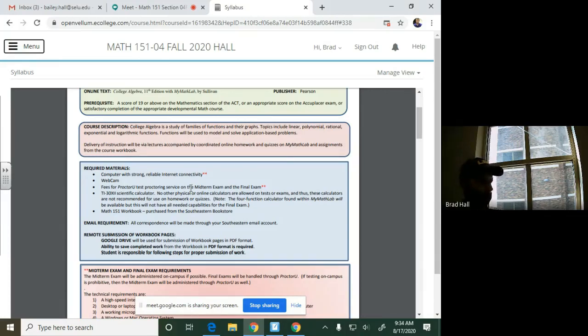This is contingent upon whether we switch to online delivery before or after the midterm, if at all. If the pandemic gets really bad and we have to switch to remote delivery before the midterm, then the midterm will also require you to have a webcam and pay the fee and the computer with the strong, reliable internet connection.